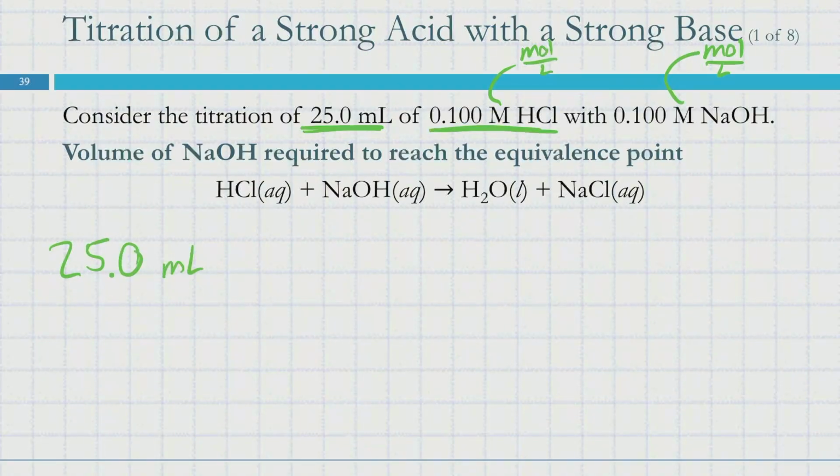So 25 milliliters is what I would start with here, since it's just a single unit. So 25 milliliters, and that's for the HCl. So we want to find how much sodium hydroxide do we need to add. So looking for volume sodium hydroxide.